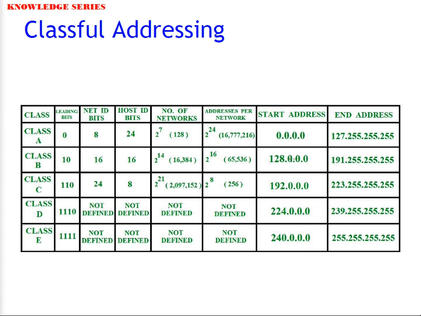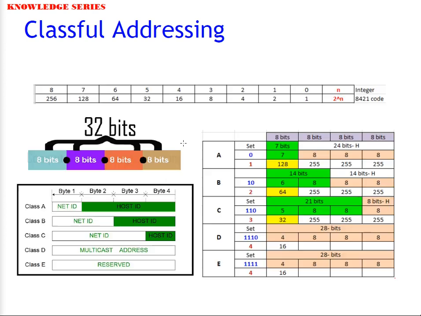Again it will be 8 bits, starting from 8 zeros up to 8 ones. It will start from 0 and go towards 1, so you will see 255.